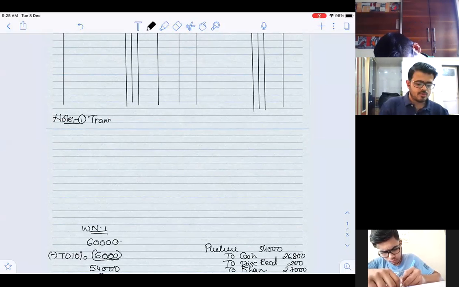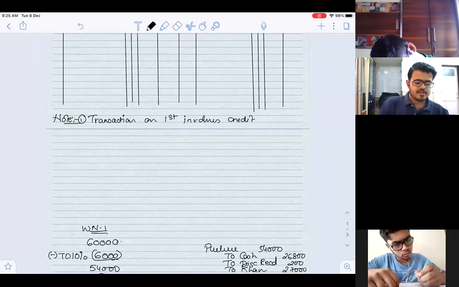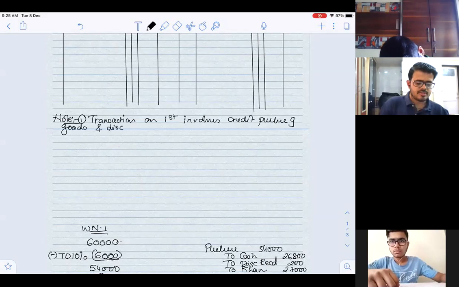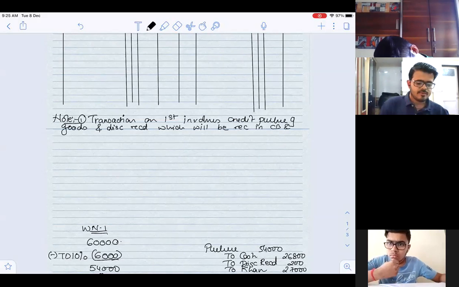So you have to write दोनों के लिए note. Transaction on first involves credit purchase of goods and discount received, which will be recorded in cash book and purchase book and journal proper respectively.